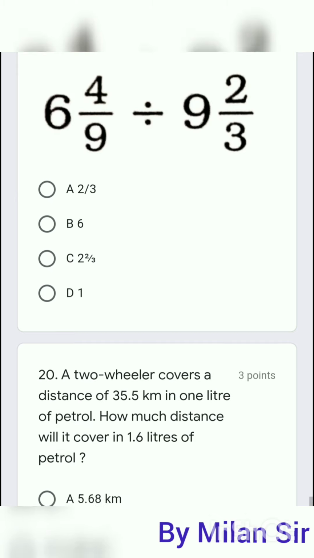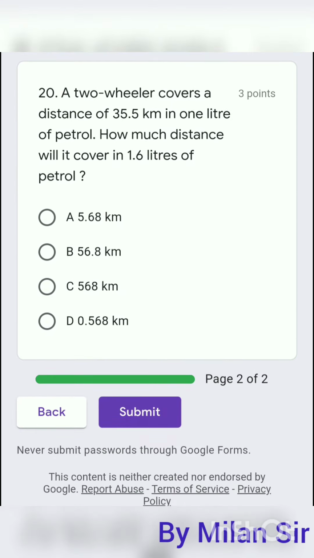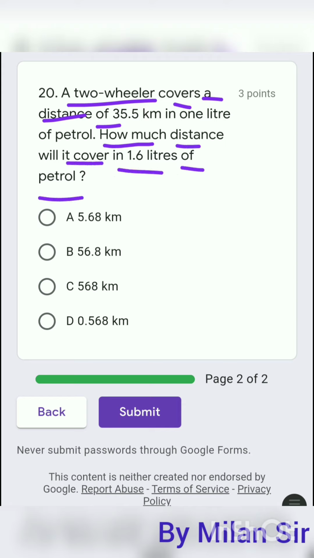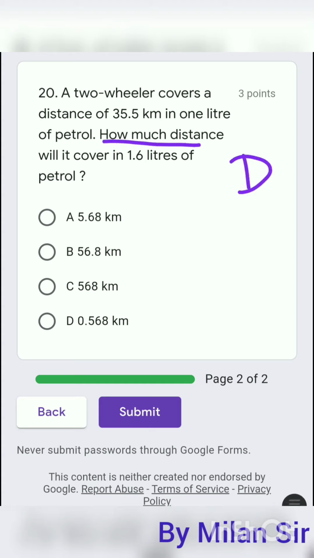Okay. After that, last question, question number 20. A two-wheeler covers a distance of 35.5 km in 1 liter of petrol. How much distance will it cover in 1.6 liters of petrol? So we need to form one table. Here what we need to find is distance. So distance we need to put at the second position, and liters is given.